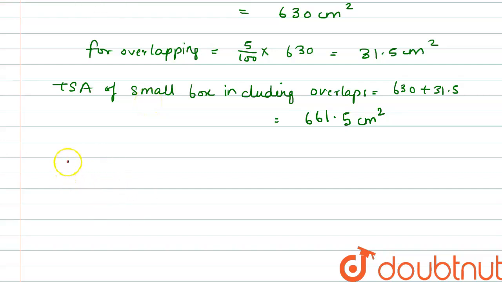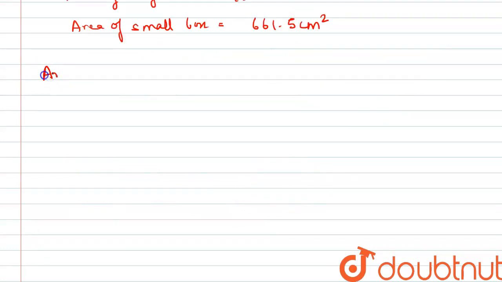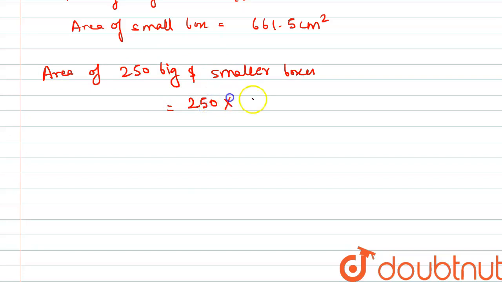now we have the area of the big box as 1522.5 centimeter square and the area of the small box as 661.5 centimeter square. So the total area of 250 big and smaller boxes will be 250 multiplied by 1522.5 plus 661.5.